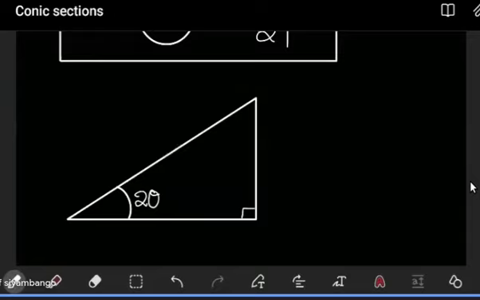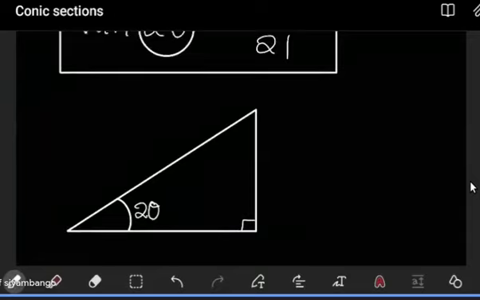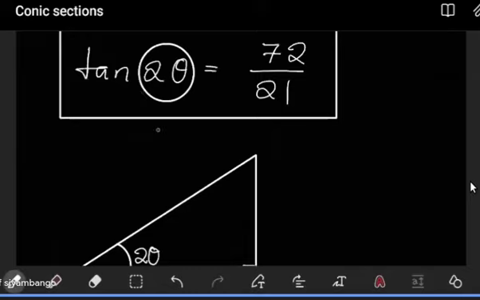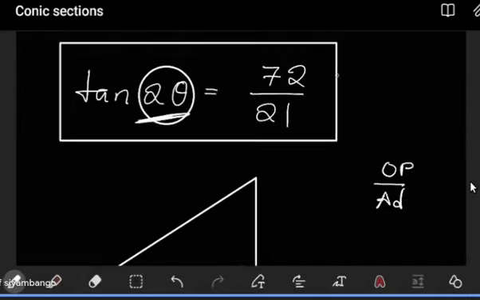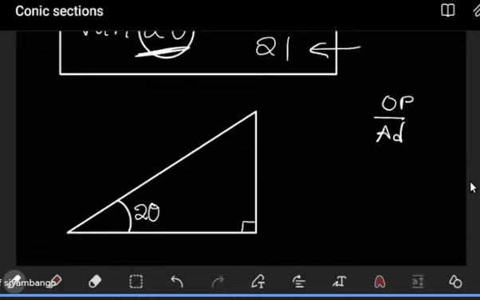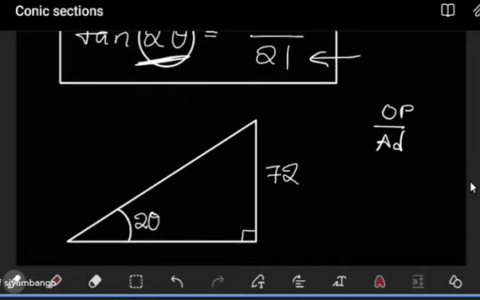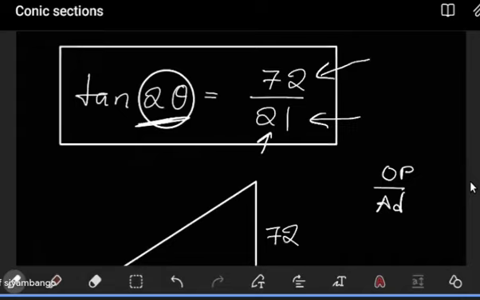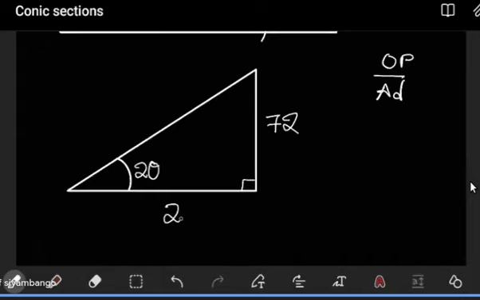If that was the case, then by SOHCAHTOA, that angle's tan has to be equal to the opposite over the adjacent. But tan 2 theta has been given as 72 over 21, implying that 72 is posing as our opposite, and 21 is posing as our adjacent. This is how this trick is going to be deployed.